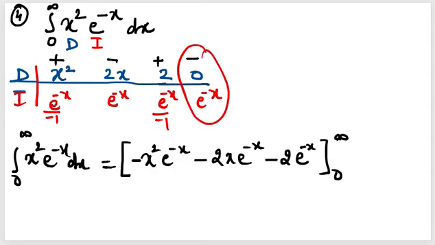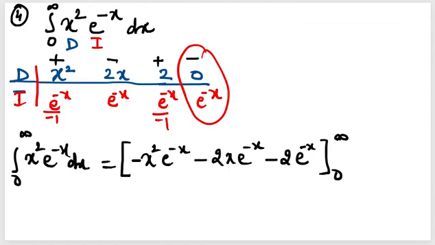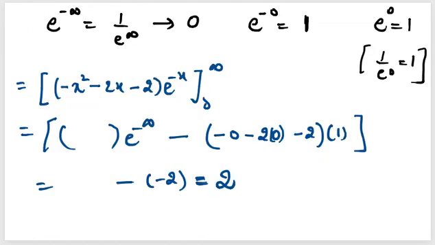There are only 3 terms, and you can see I have written here minus x square e to the power minus x, and then you have a minus 2x e to the power minus x, so we get 3 terms. Now the important point is, because it is a definite integral, limits are there, and you should remember that when you plug in the value infinity, it will be e to the power minus infinity, and e to the power minus infinity is 1 upon e to the power infinity. 1 upon a very big quantity always tends to 0.